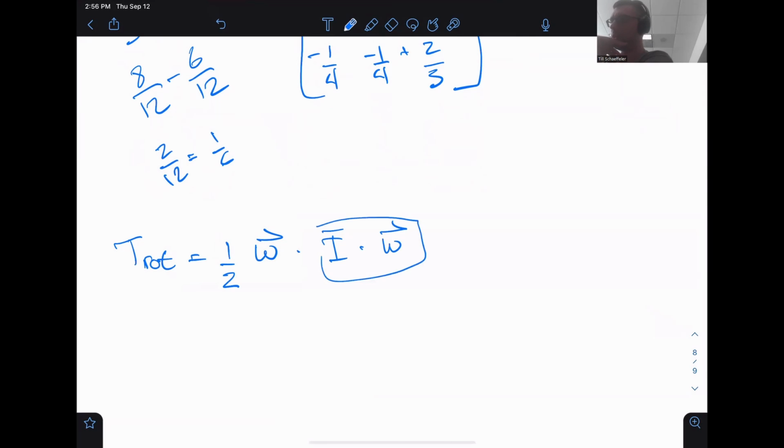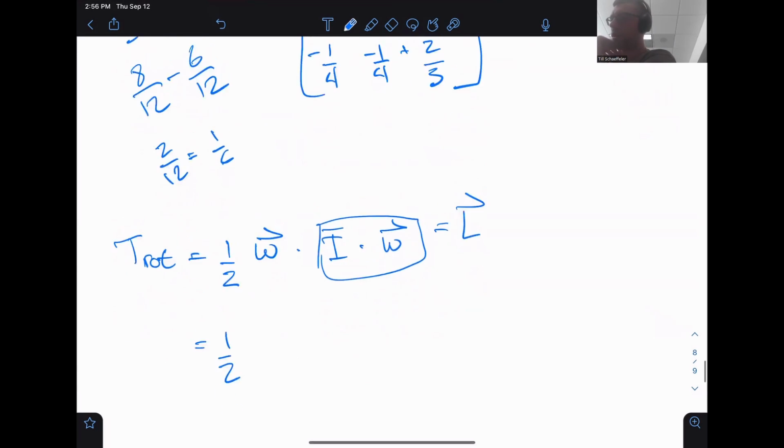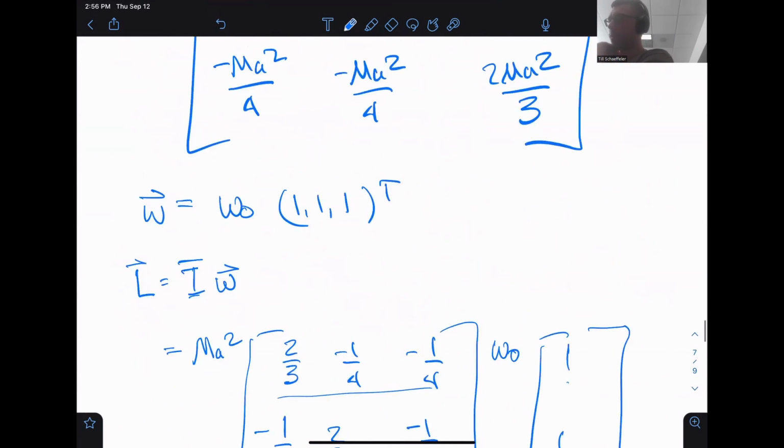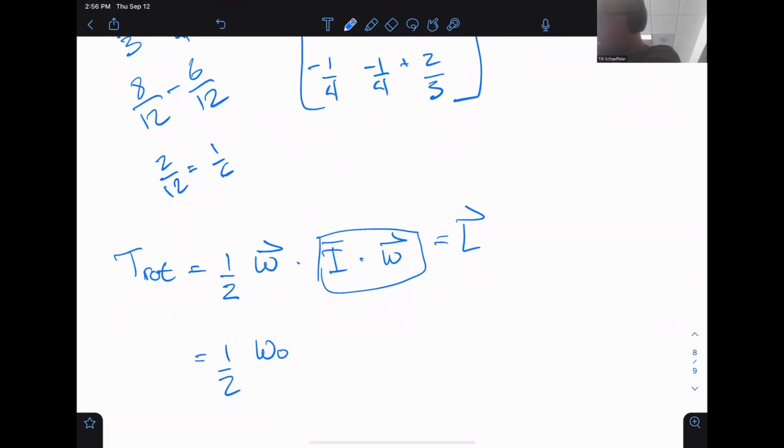But this part here we just found is equal to the angular momentum. So all we have to do for this last part is multiply this angular velocity times the angular momentum, which we just found in the last step.